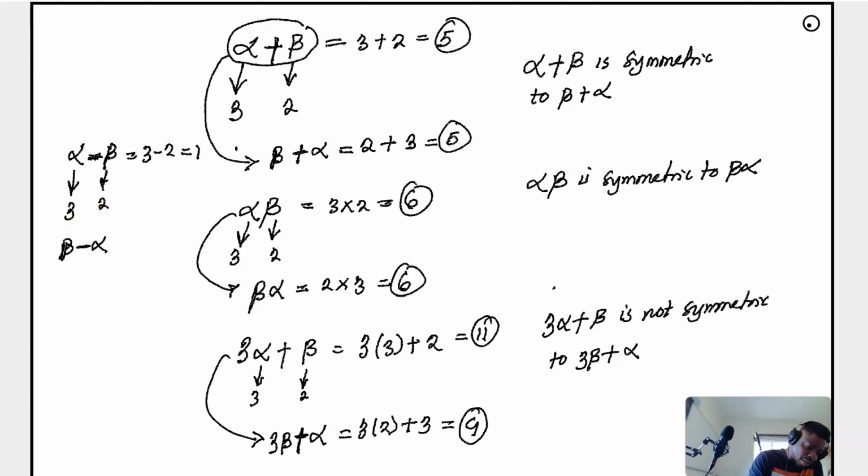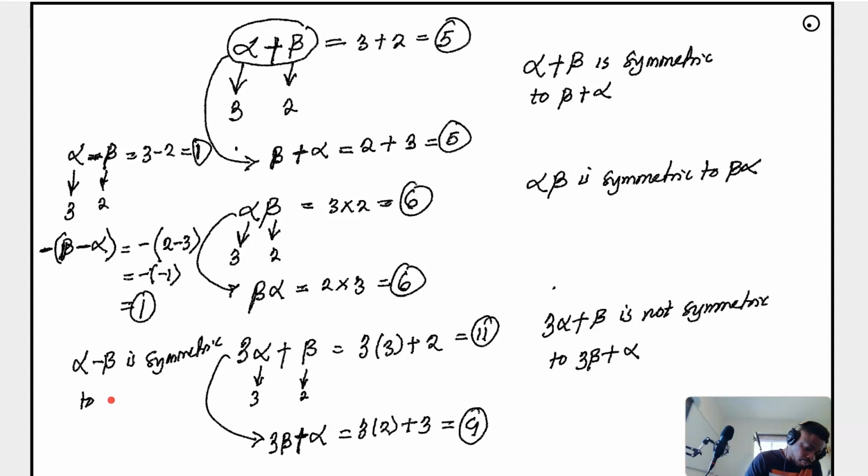Which is minus 1, and this is 1. But if I put minus outside here, this will be minus bracket 2 minus 3, this is minus bracket minus 1, and this is 1. So 1 is equal to 1. So alpha minus beta is symmetric to beta minus alpha.